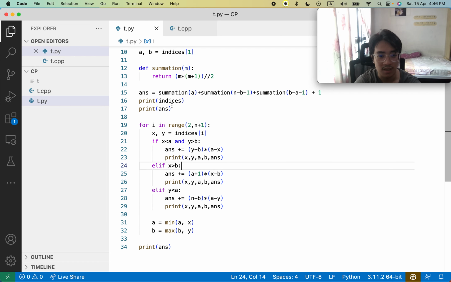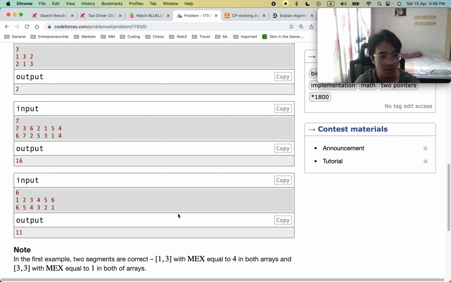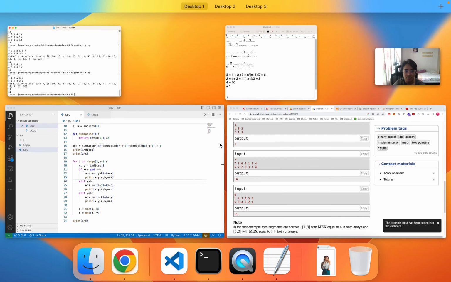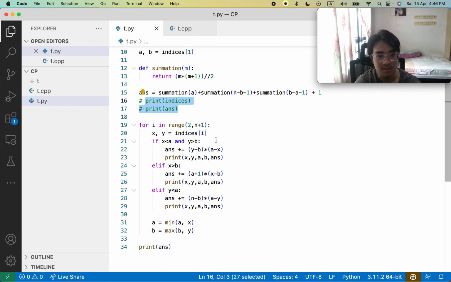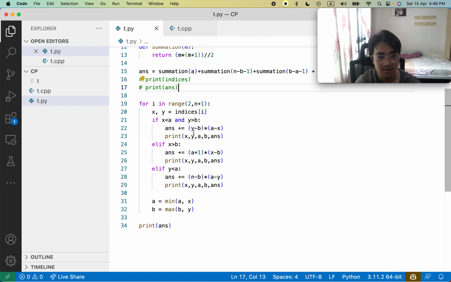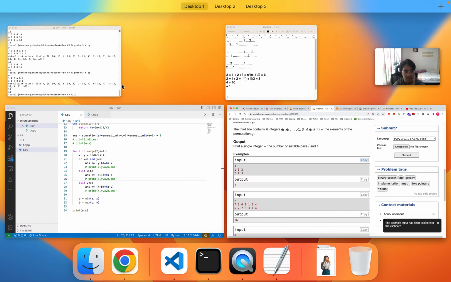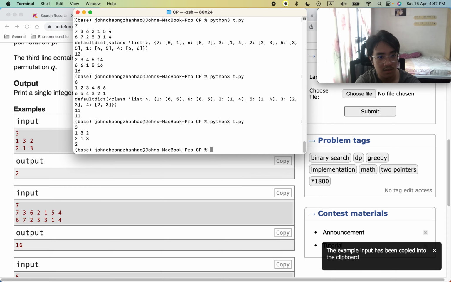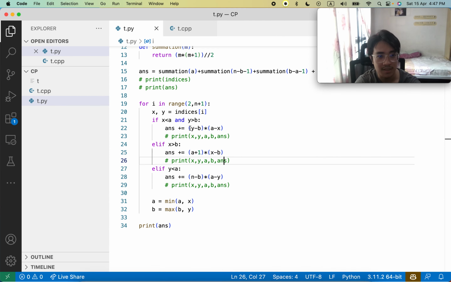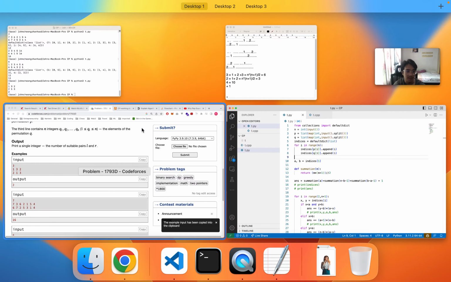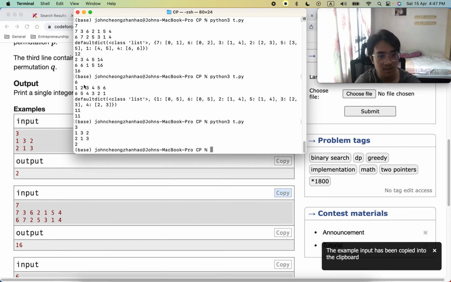Okay, so now it seems to look correct. Let's try with this. Yeah. Wow, dude, that was an embarrassment. Let's just comment out everything. And let's try again with this, make sure. I'm actually printing out this as well. Oh no, I'm not. Yeah, it's just okay.